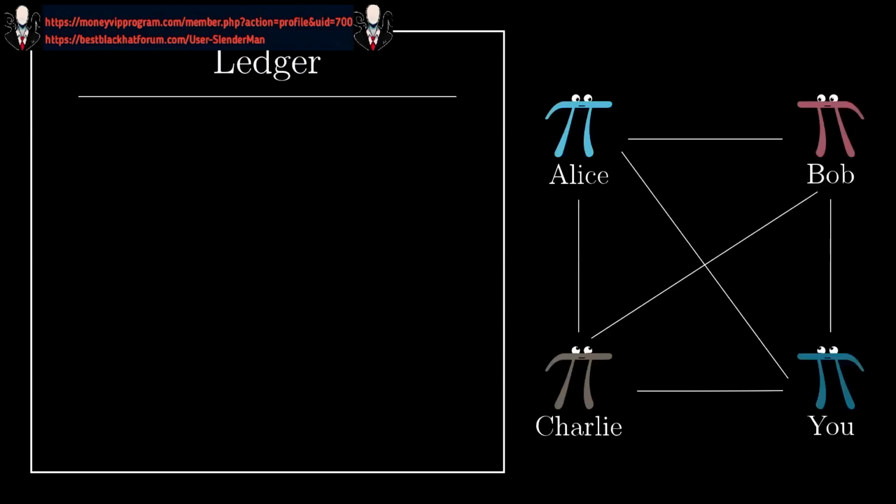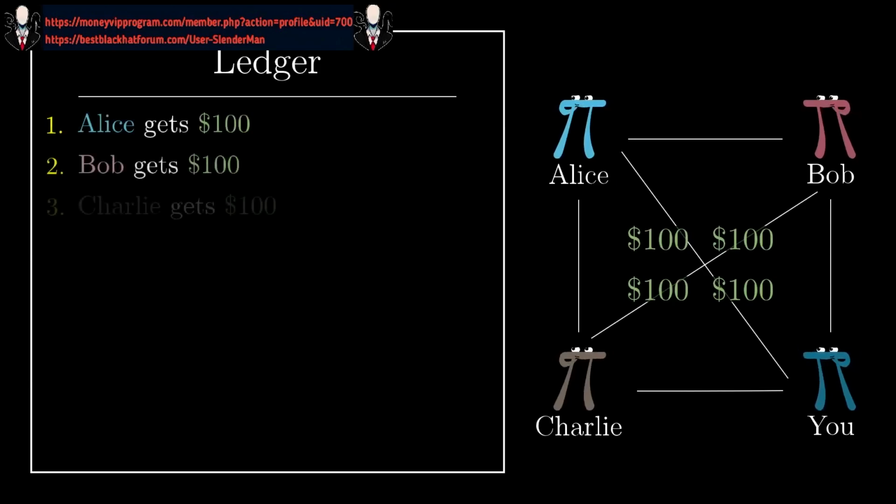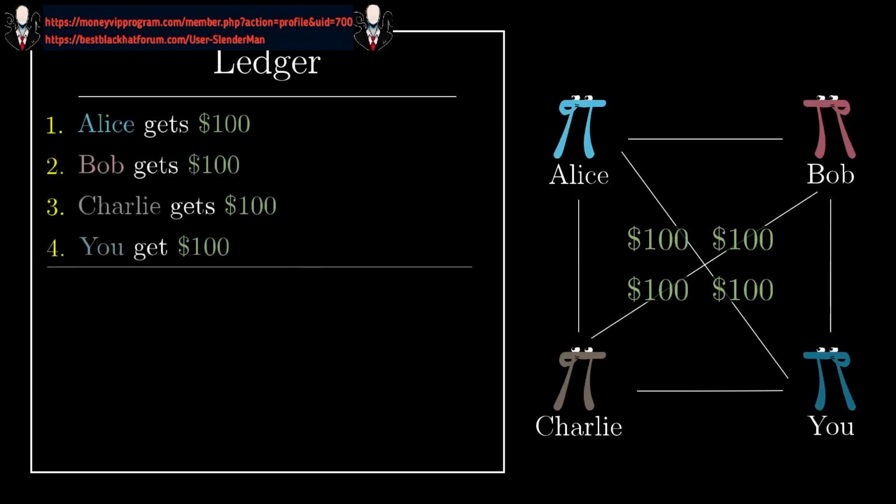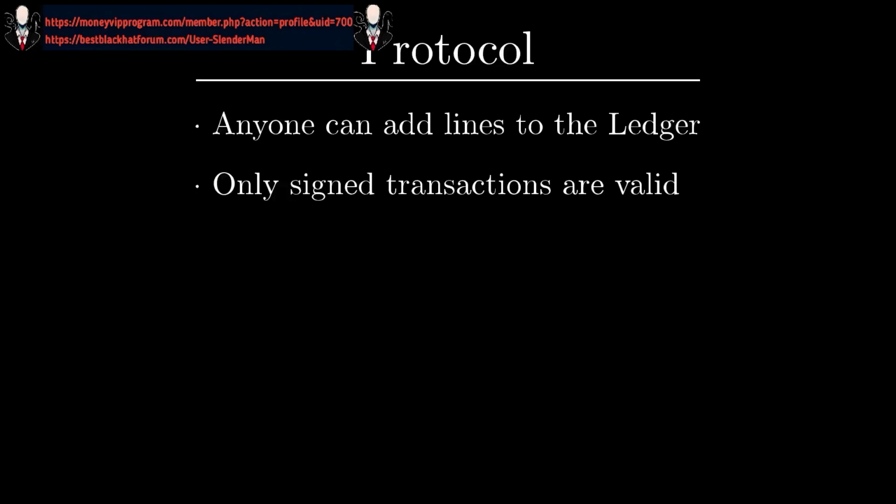So maybe you have the clever idea that you never actually have to settle up in cash as long as you have some way to prevent people from spending too much more than they take in. Maybe what you do is start by having everyone pay $100 into the pot, and then have the first few lines of the ledger read, Alice gets $100, Bob gets $100, Charlie gets $100, etc. Now, just don't accept any transactions where someone is spending more than they already have on that ledger.